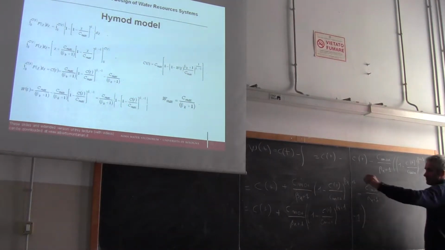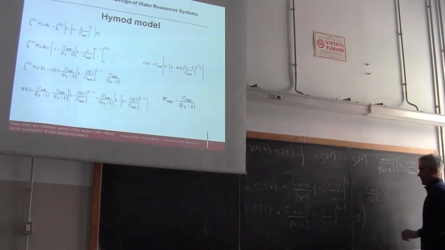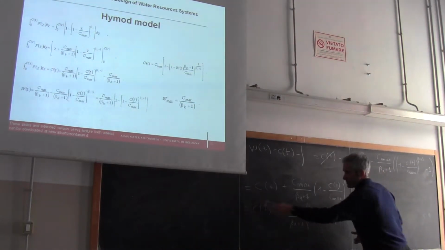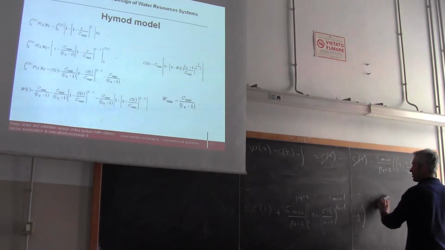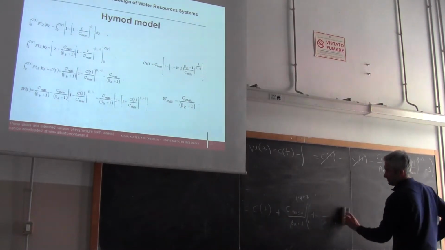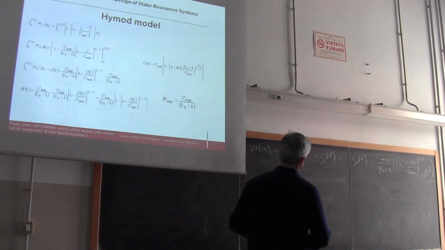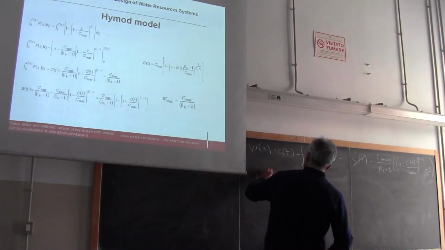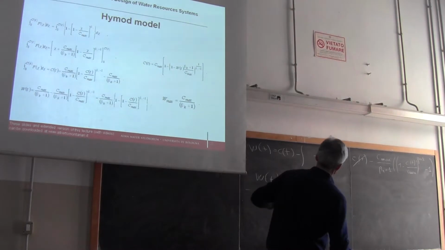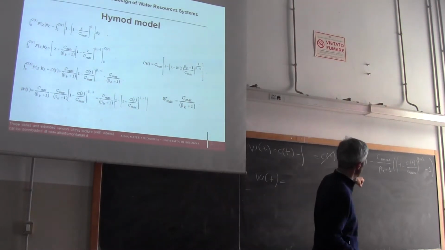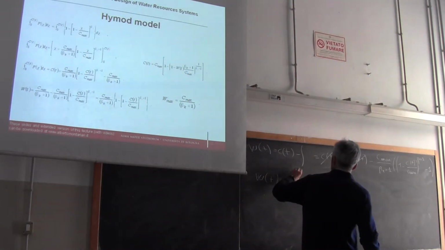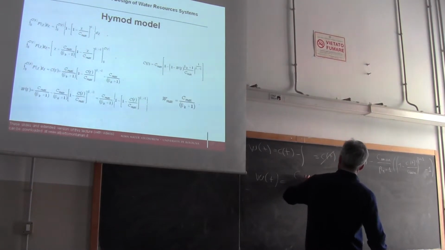Okay, and then these two eliminate each other, and then we can write in compact form. In compact form, we get Wt is equal to, let's change the sign now, because it's more practical to avoid a minus in front of the relationship.